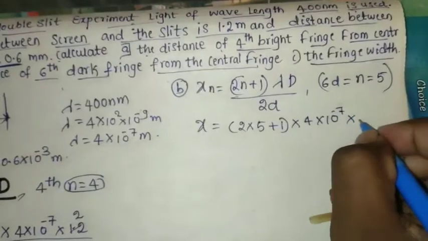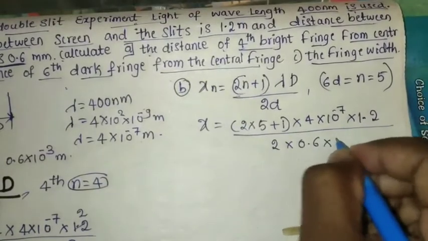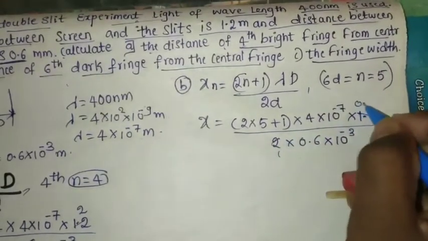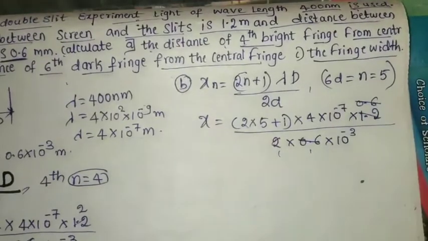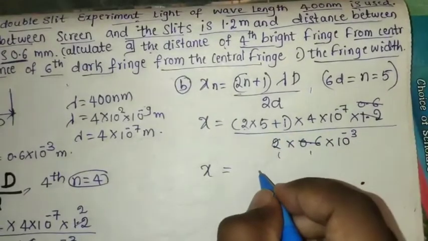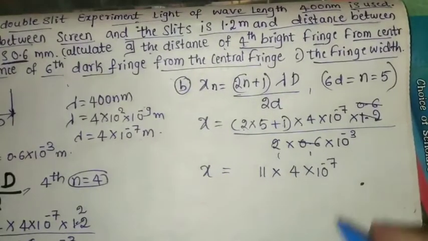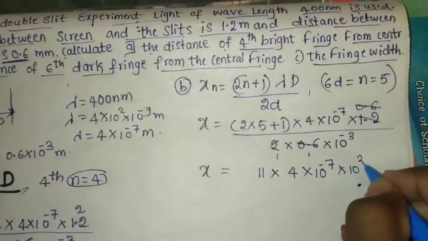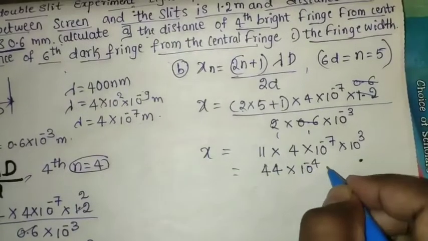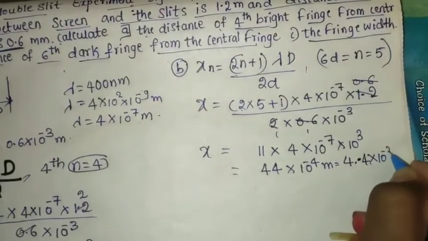Capital D is 1.2 meter divided by 2 into 0.6 into 10 to the power minus 3. 1.2 divided by 1.2 is 1. 11 into 4 into 10 to the power minus 7, and the 10 to the minus 3 in the denominator becomes 10 to the power 3, giving 44 into 10 to the power minus 4 meter, that is 4.4 into 10 to the power minus 3 meter.